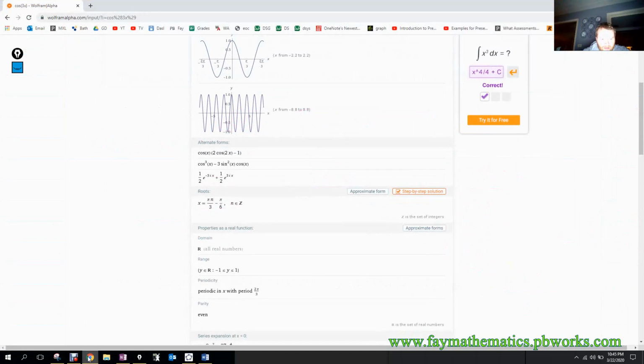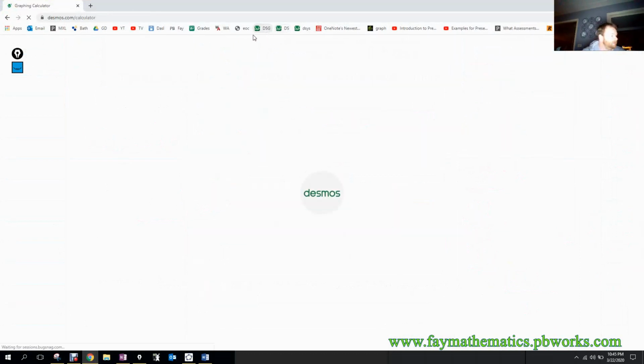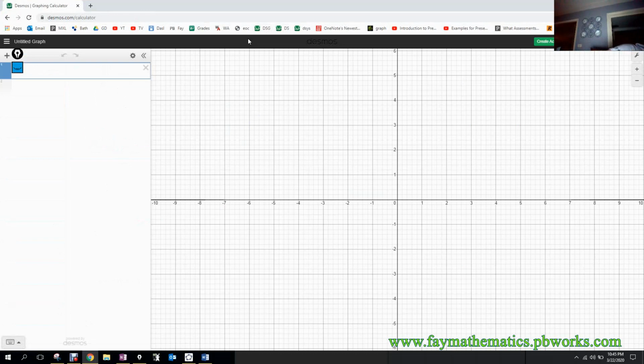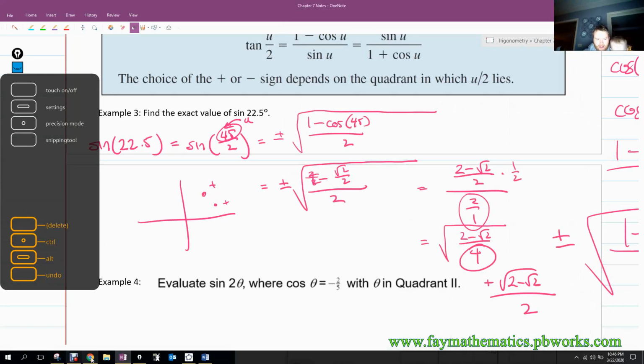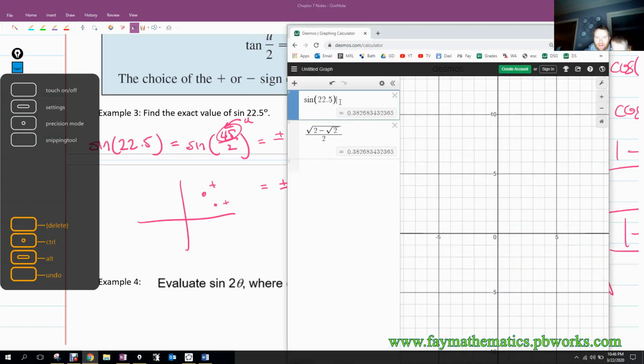So let's use Desmos here. All I've done in Desmos is type in sine 22.5, and type in exactly what I came up with as the radical. That's the exact value.